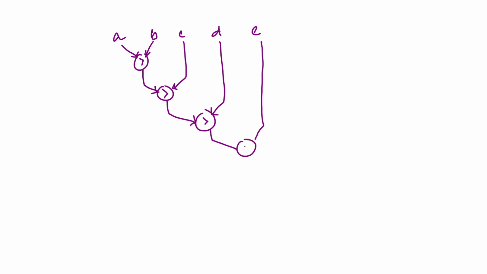Whoever wins plays with C, whoever wins plays with D, and whoever wins this match plays with E. So that's one way of doing it.